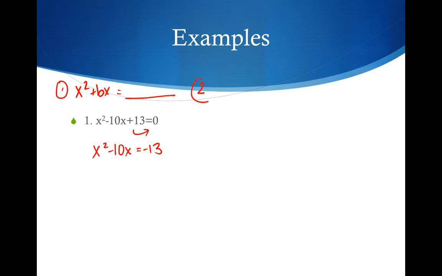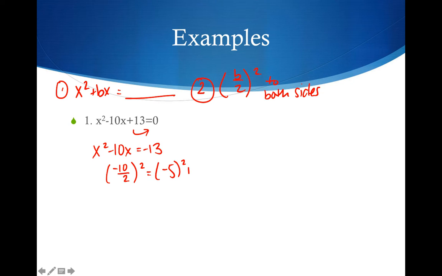Once I've done that, now I can calculate b over 2 and square it. That gets added to both sides. So in this particular case, b is negative 10, over 2, squared. That gives me negative 5 squared, which is equal to 25.